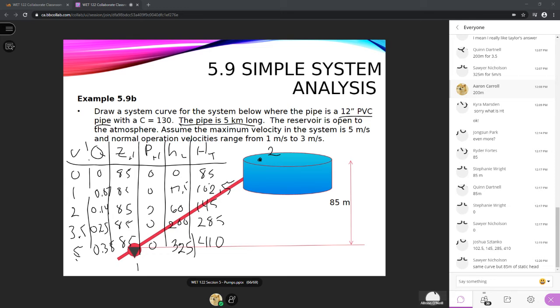Yes, that's exactly it, Sawyer. It is the same curve, but with 85 meters of static head.